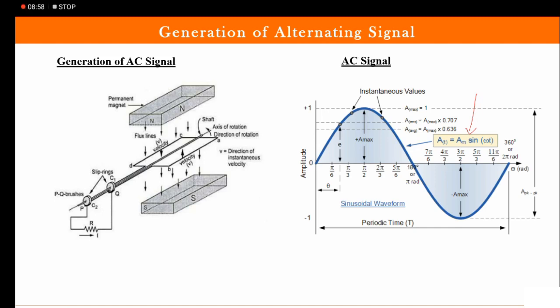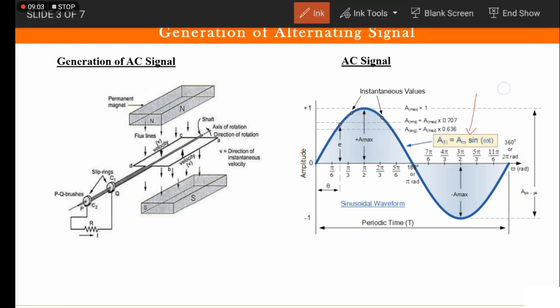Now you can see that this signal is starting, right? This is 180 degree, then going down, and here it is 2 pi. Okay, so this is 0, this is pi, which is 180 degree, and this is 2 pi, which is 360 degree, right?